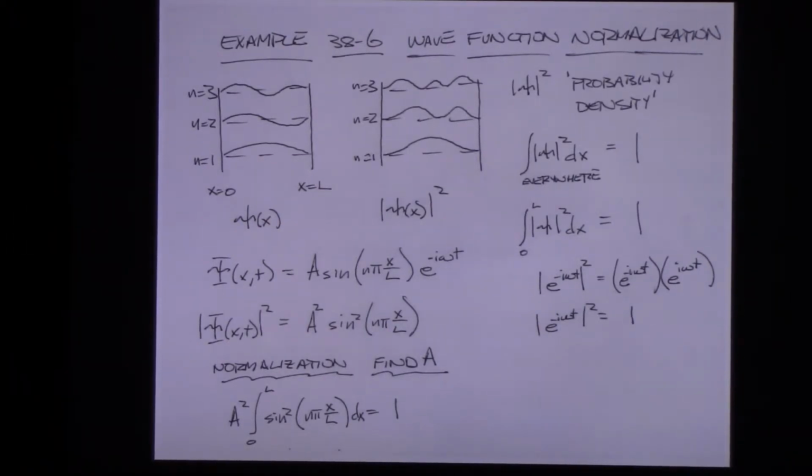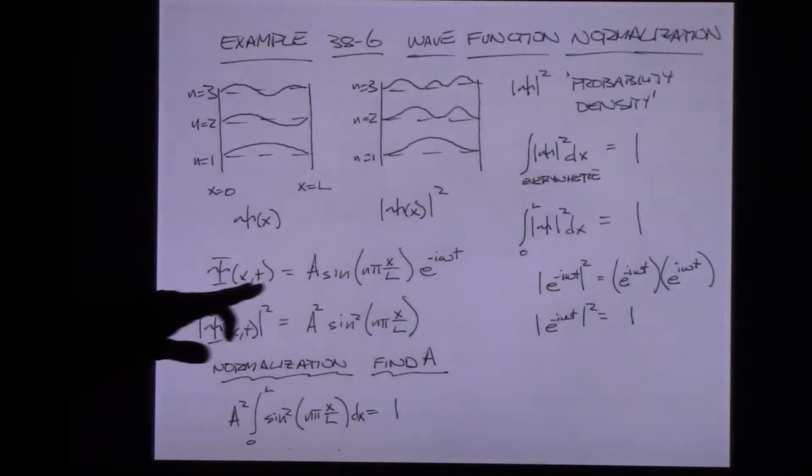Let's pick up again with chapter 38. We had spent quite a bit of time in chapter 38 looking at these wave functions for particles confined to a certain region, is what we called that. And so we had derived, using the Schrodinger equation, what the wave functions would look like mathematically.